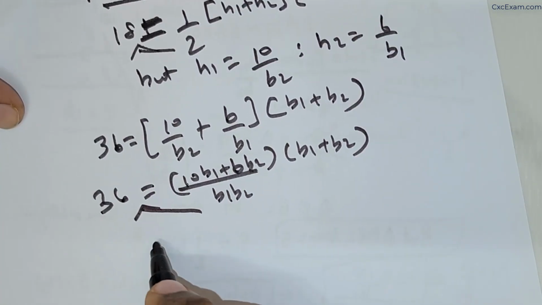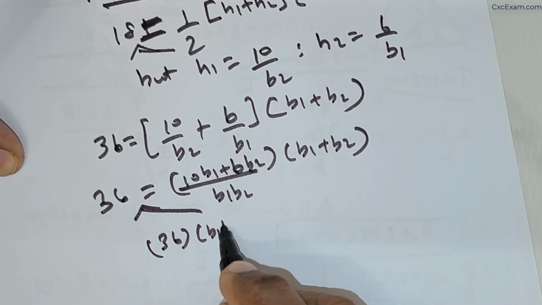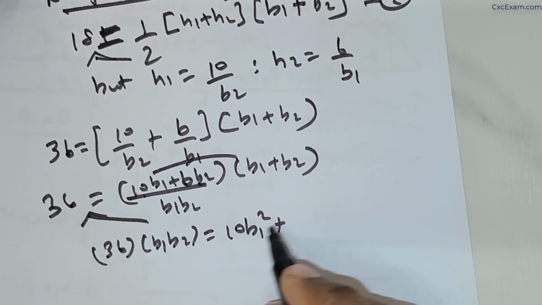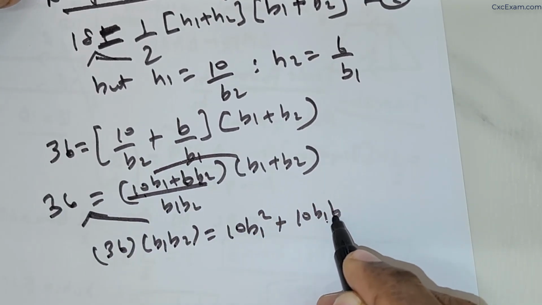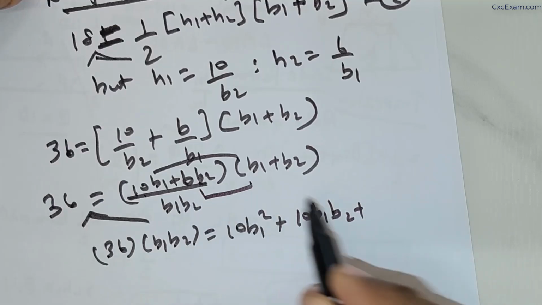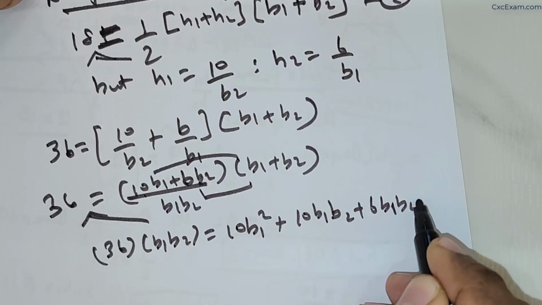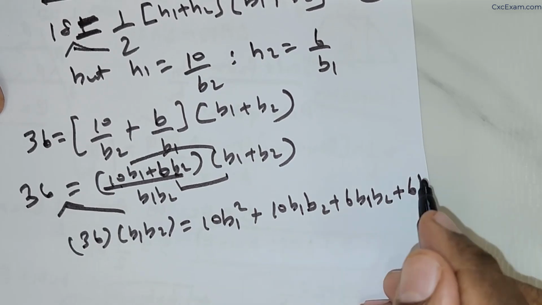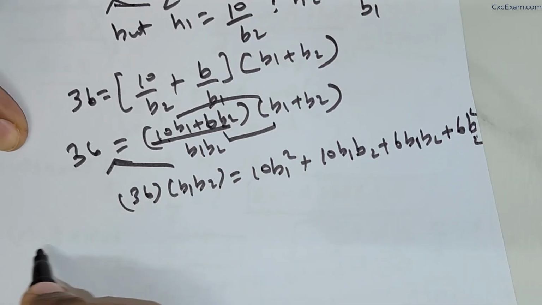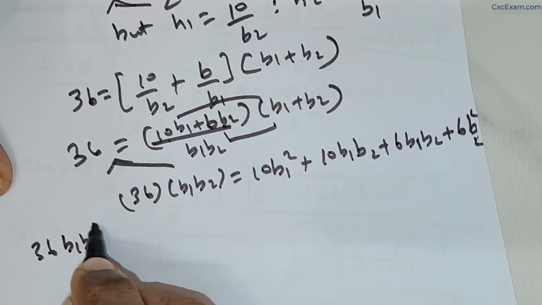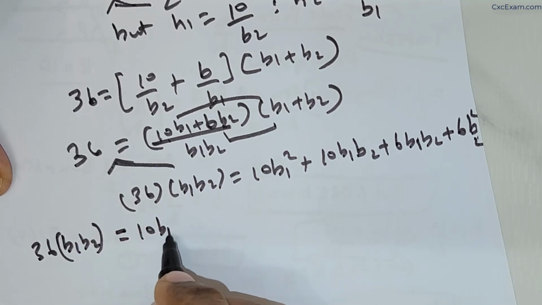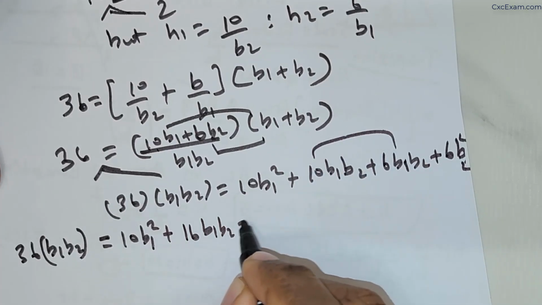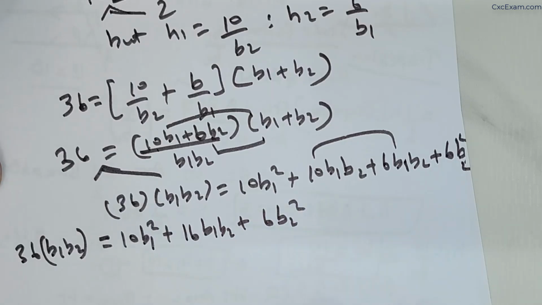You cross multiply, you get 36 b1 b2 is equal to 10 b1 squared plus 10 b1 b2 plus 6 b1 b2 plus 6 b2 squared. So you have 36 b1 b2 is equal to 10 b1 squared plus 16 b1 b2 plus 6 b2 squared.